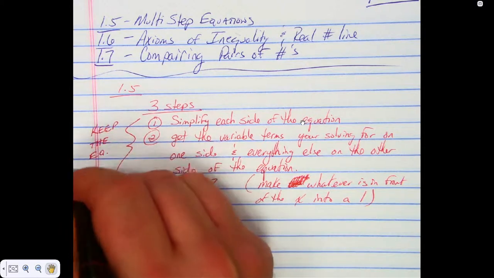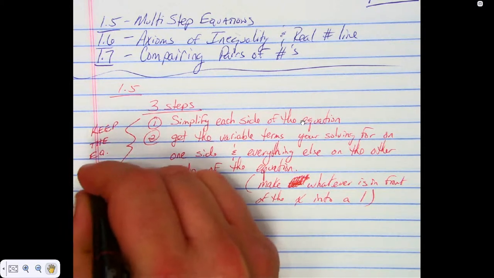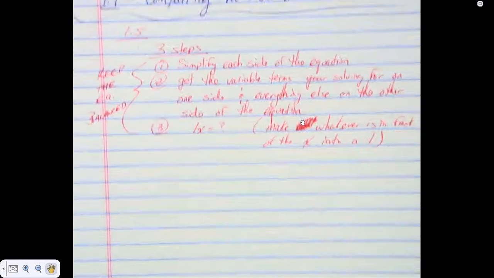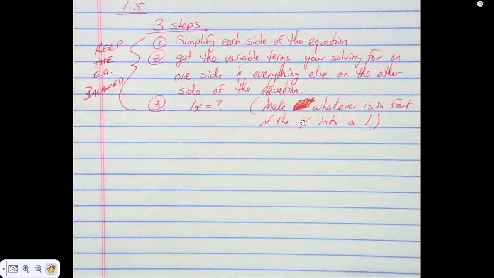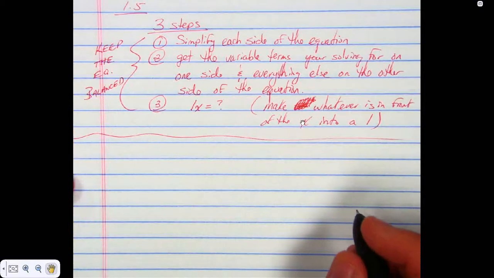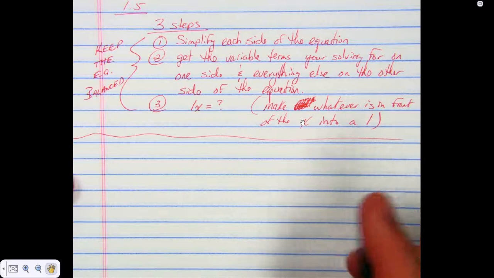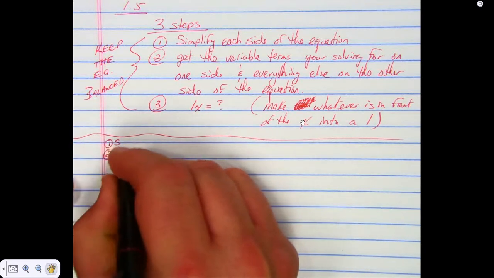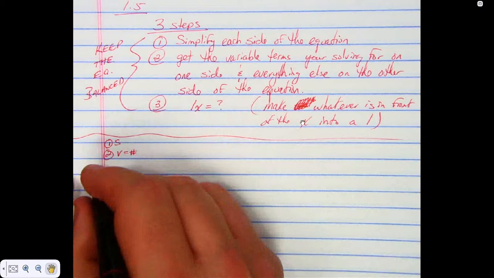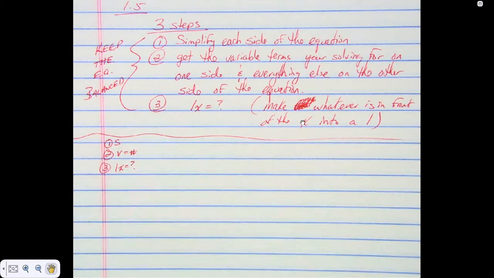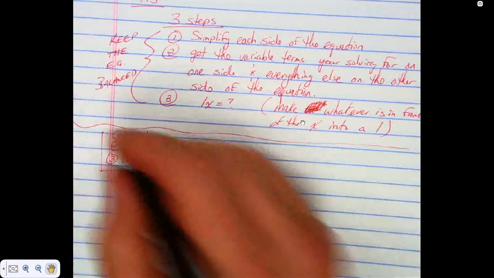Balanced. While doing all of that, you need to keep the equation balanced. First step, simplify. Second step, get your variable terms on one side, everything else, a number, a variable equal to a number. Third step, find what 1x is equal to. If you follow those, you'll be fine.